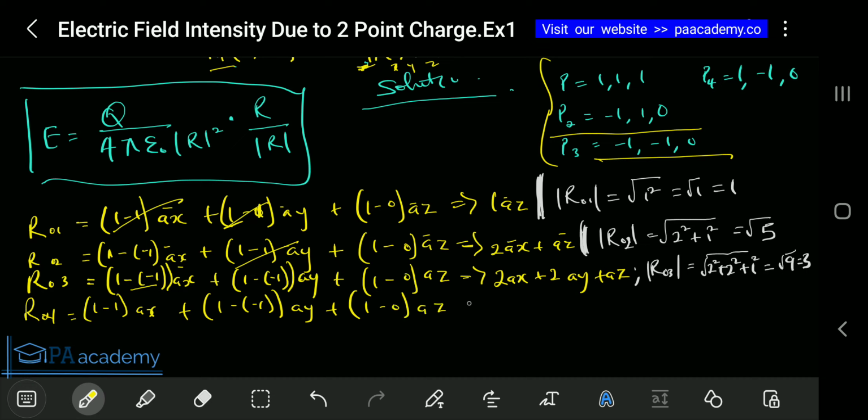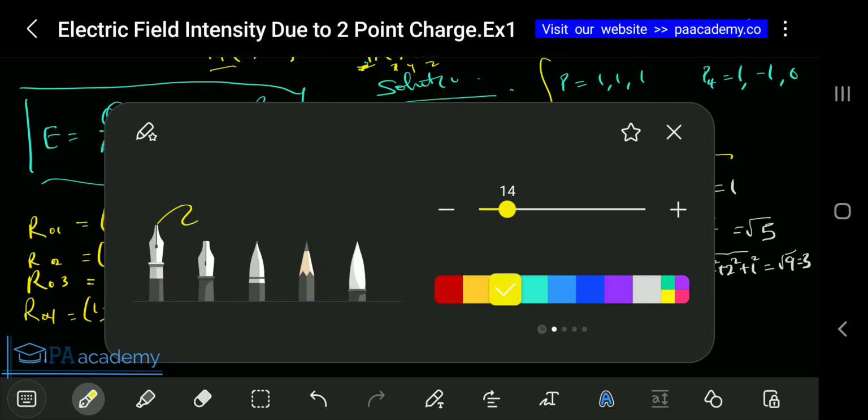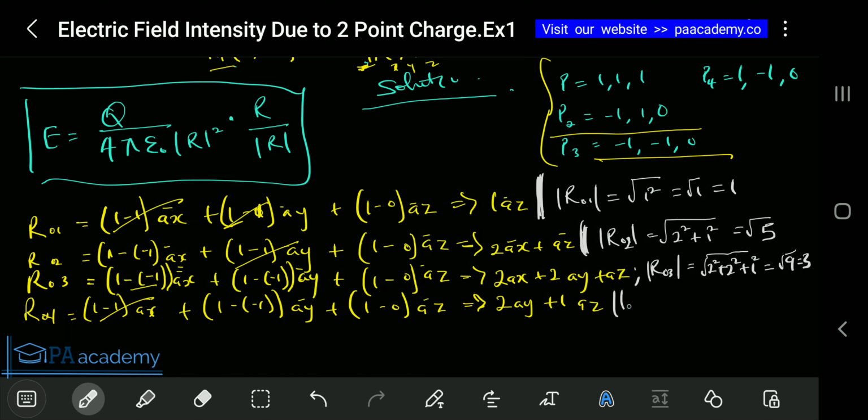Okay, all right, so 1 minus 1, this is out, then 1 minus 1, that is 2 AY, then 1 minus 0, that will be plus 1 AZ. All right, so now let's calculate its magnitude. That will be the square root of 2 squared plus 1 squared, and that will just give us the square root of 5.